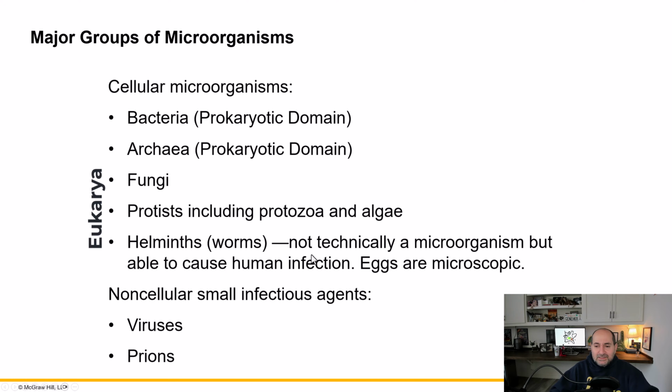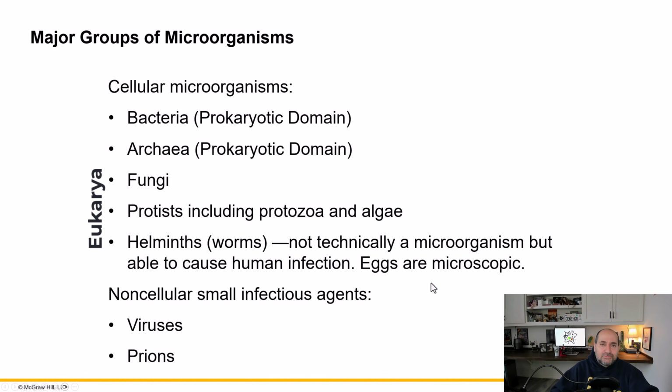But keep in mind, worms cause human infection, and it's typically the eggs that get into your body that give you a worm infection. If you eat undercooked pork or you drink from a contaminated river, you might ingest the microscopic eggs, and that is how you obtain the worm.